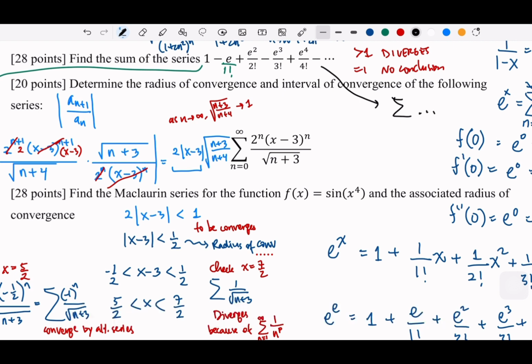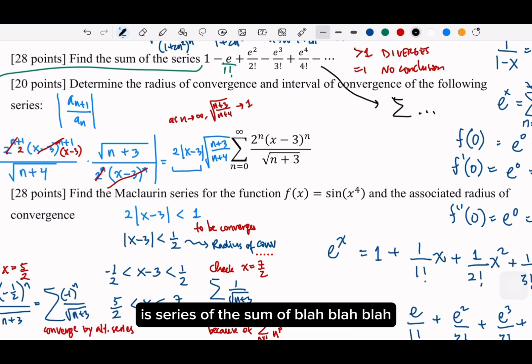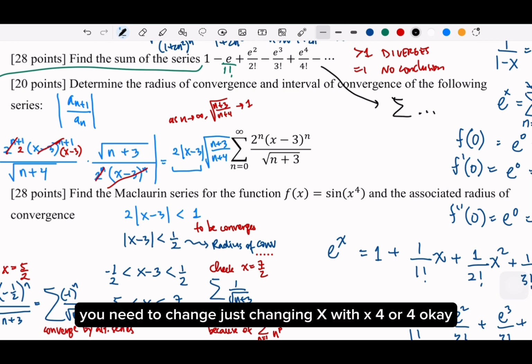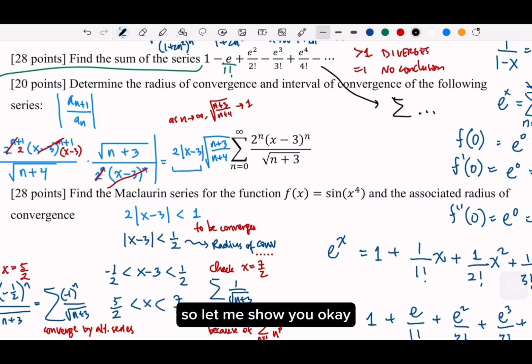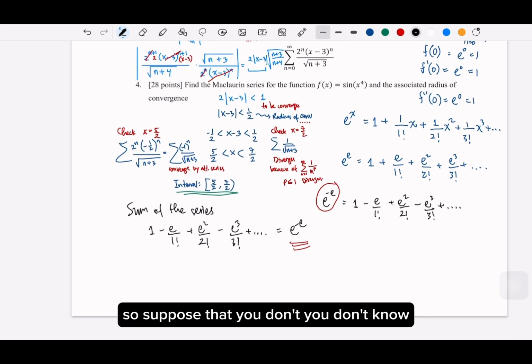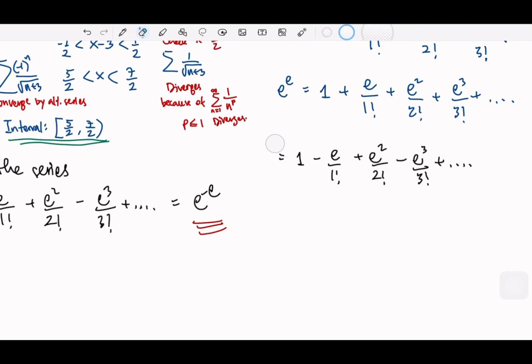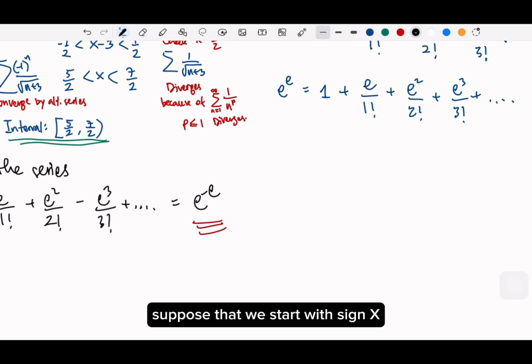Since sine x is a series, for this one you just change x to x to the power of 4. Let me show you. Suppose that you don't know. Let me erase this for a while. Suppose that we start with sine x.